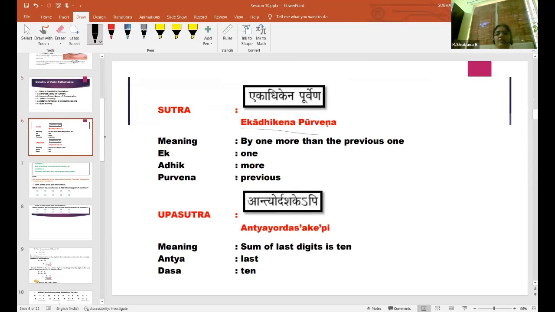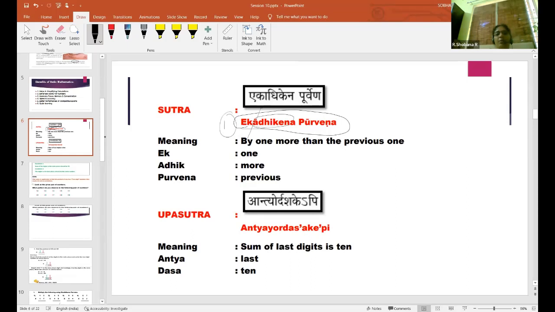Ekadhikena Purvena is the first Sanskrit sutra, teachers. All the sutras are written in Sanskrit. I think people who are proficient in Hindi can broadly understand what it means. Eka means one. Adhikena means more, isn't it?